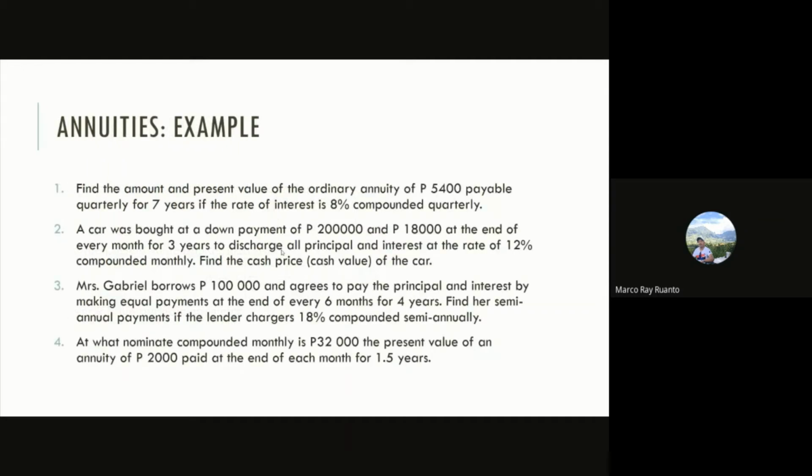I have some examples here that I will leave for you to answer. So that's the mathematics side of our lesson, and now let's proceed to some applications.